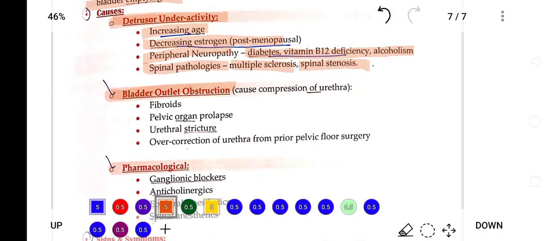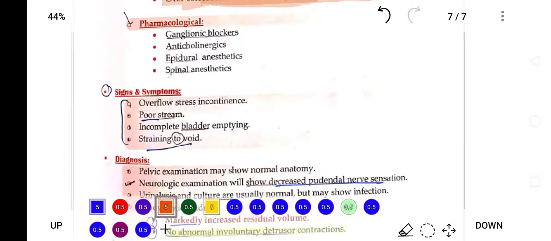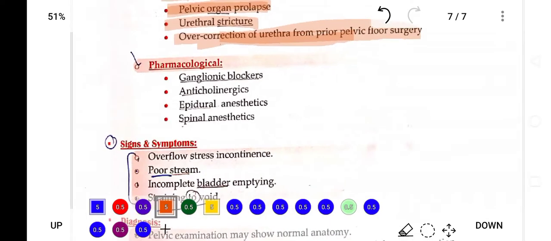Bladder outlet obstruction causes compression of the urethra, and fibroids, pelvic organ prolapse, urethral strictures, overcorrection of the urethra from pelvic floor surgery can create this condition with overflow incontinence.